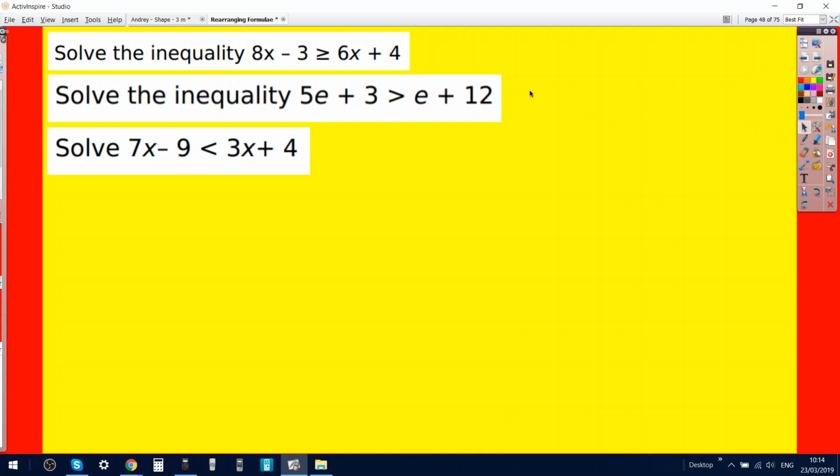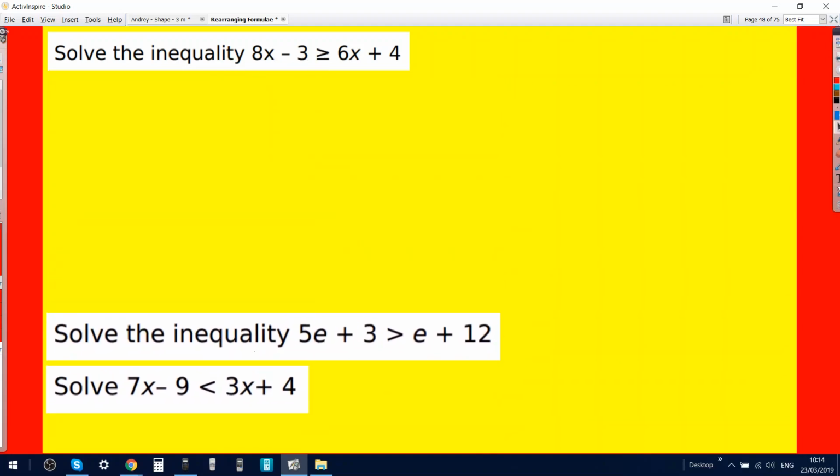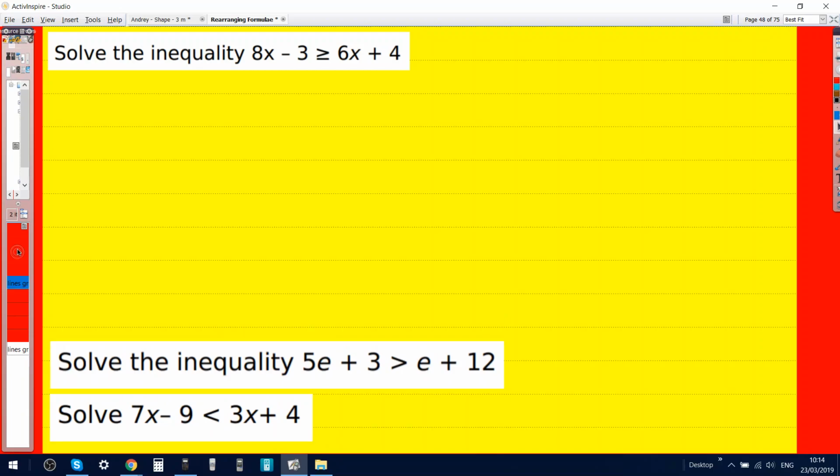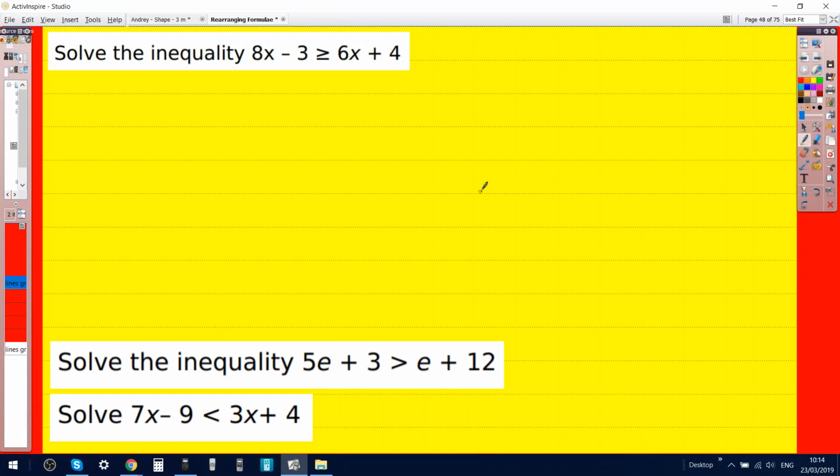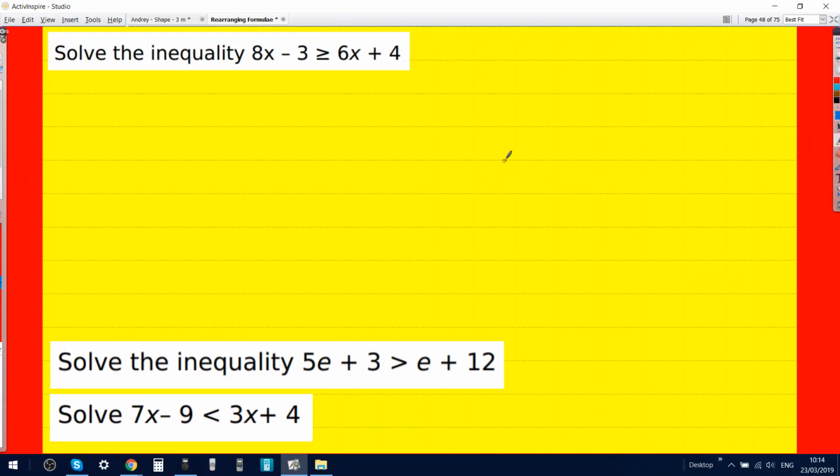That's it. Okay, let's try the first one. So you would take away the x's, so it'd be 8x minus 6x. So it would leave you with 2x. So that'd be 2x minus 3 is greater than or equal to 4.